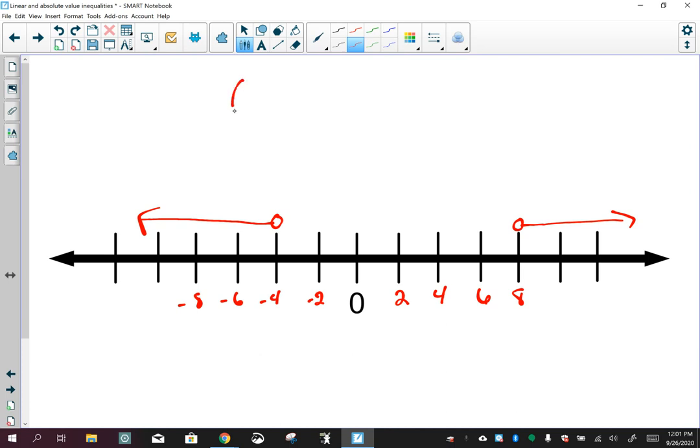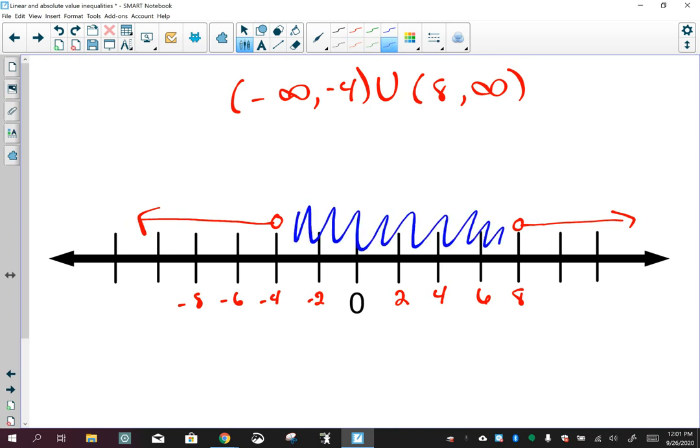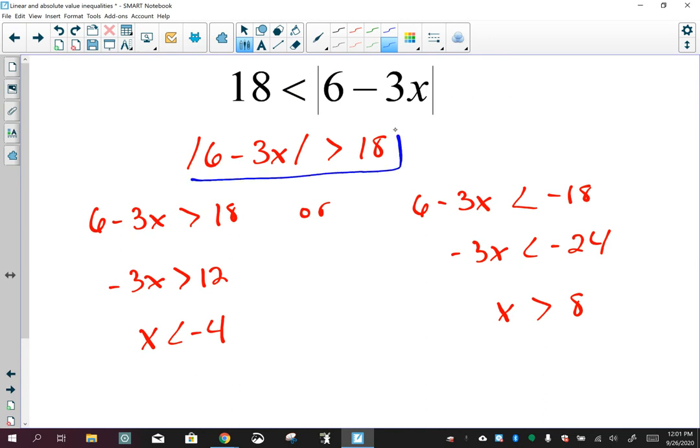So when I write my interval notation, I go negative infinity up to negative 4, union 8 to positive infinity. You notice I've got this big section in the middle where all these answers do not make this a true statement. That's why I have this big, huge gap in the middle, because it's only true where I drew my picture. So when you have this format, you are going to have a gap.